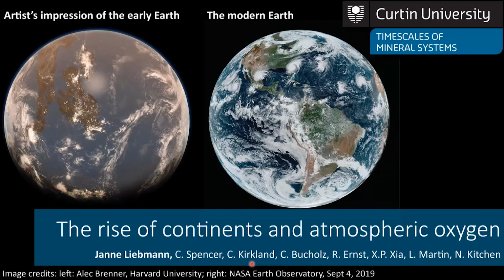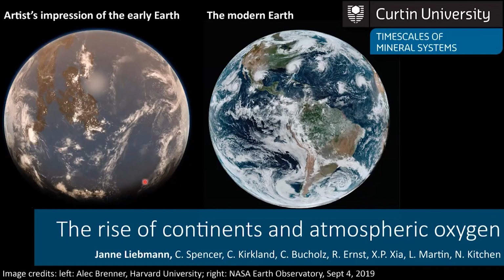And I always like to start my talks on the Archean Proterozoic transition by showing these two images here. So on the left-hand side, we have an impression of how the early Earth may have looked, with continents that were mostly submerged and an atmosphere that was mostly devoid of oxygen.